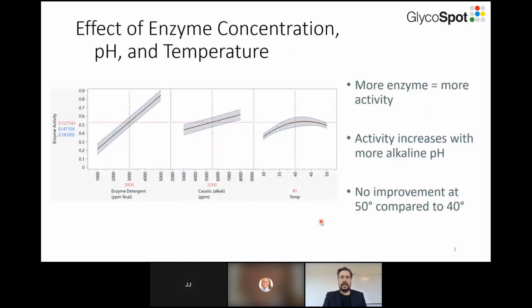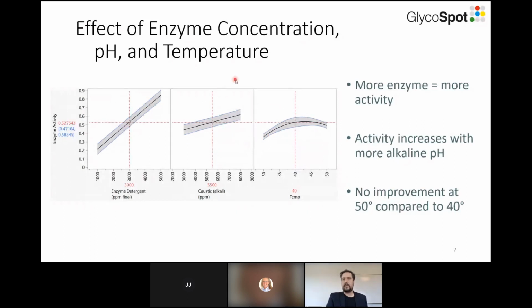To give an example of how this assay can be used to evaluate and optimize cleaning processes, this is some data that was generated that shows the effect of enzyme concentration on the left here, the effect of pH in the middle, and then the effect of temperature on the right.